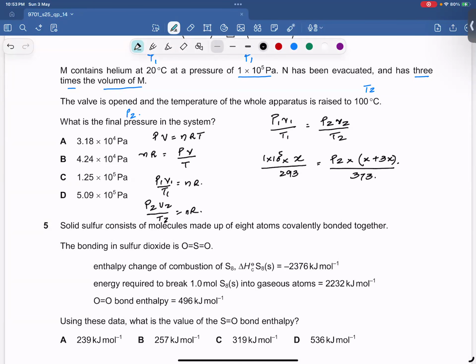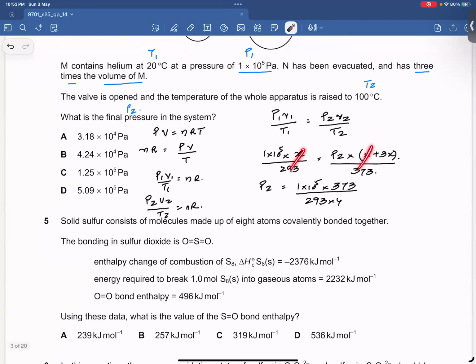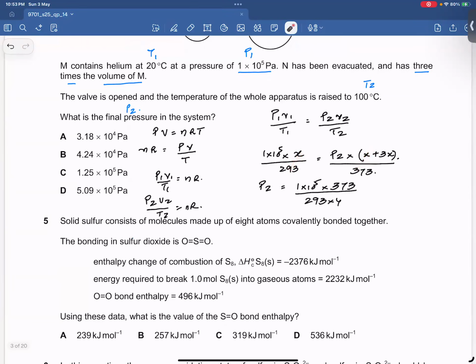Okay. So in order to calculate P2, it's 1 into 10 to the power 5 into 373, divided by 293 into 4. Because this X and this X will cancel out with each other, okay?